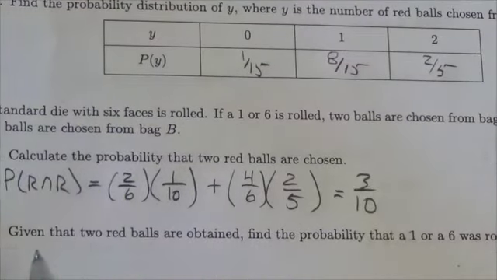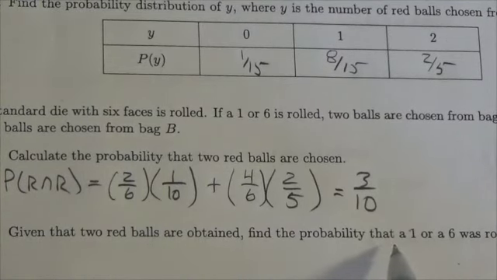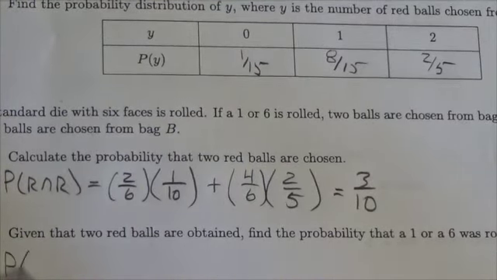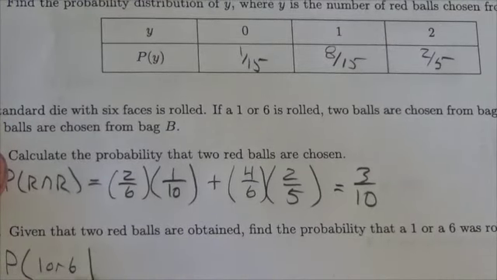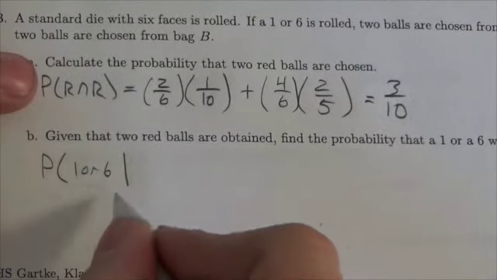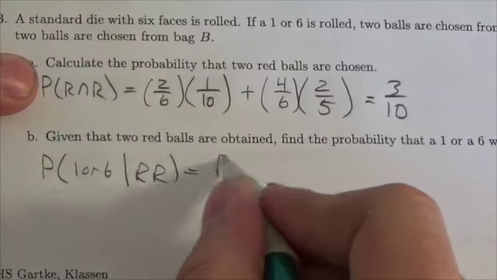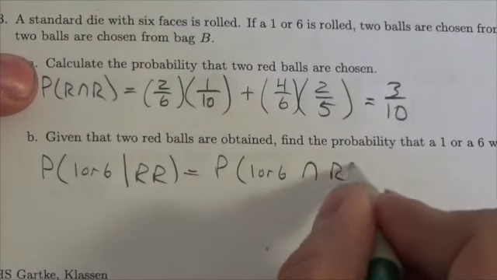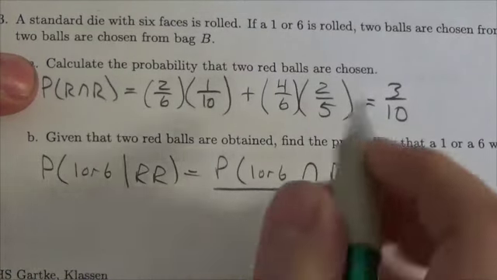Now, given that 2 red balls are obtained, find the probability that a 1 or a 6 was rolled on the die. We want the probability that we got a 1 or 6, given that we got 2 reds. That is the probability of a 1 or a 6 and 2 reds, divided by the probability of 2 reds.